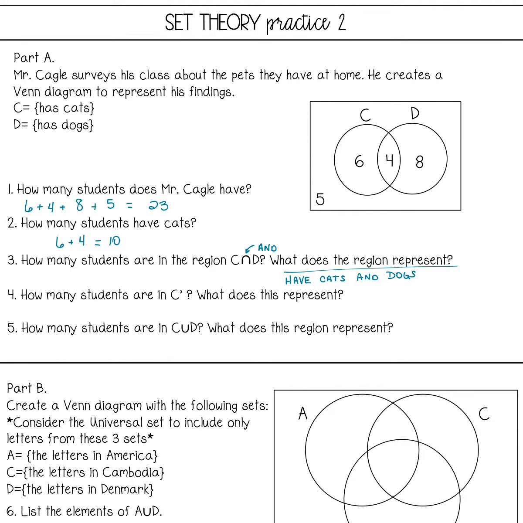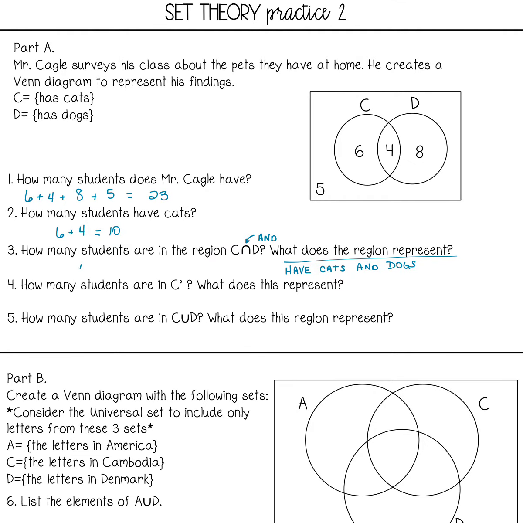I don't remember what the U means. You're putting apostrophes in there. Random bars are going across the top. Well, if I can remember my shortcut words, intersection is and, union is or, complement is not, and then a combination of those three, I can begin to decipher. So it says cats and dogs. So if I write out cats and dogs, that tells me that's my intersection. And the only number of students that have both would be the number 4. They have cats and dogs.